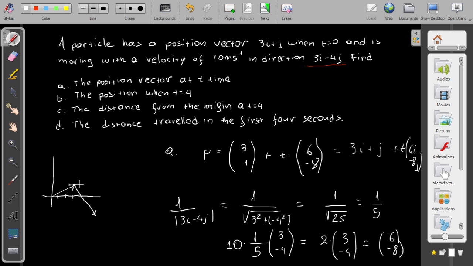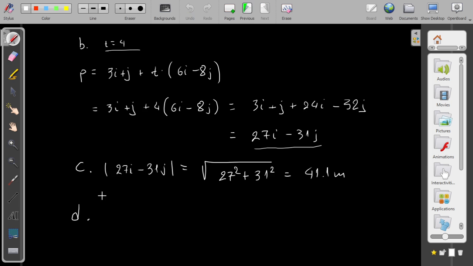And then after some time, the particle is moving 10 meters per second in this direction. So how many seconds do I need? 4 seconds. So basically the distance will be 4 times 10 meters per second, which is 40 meters.